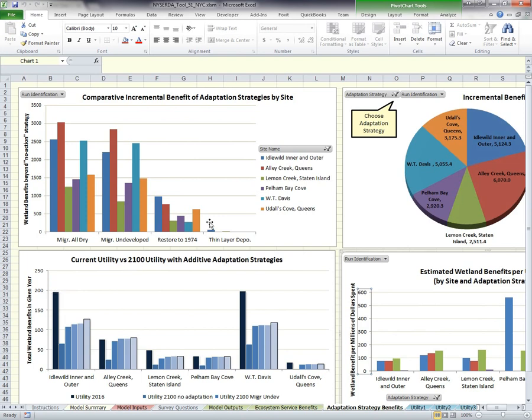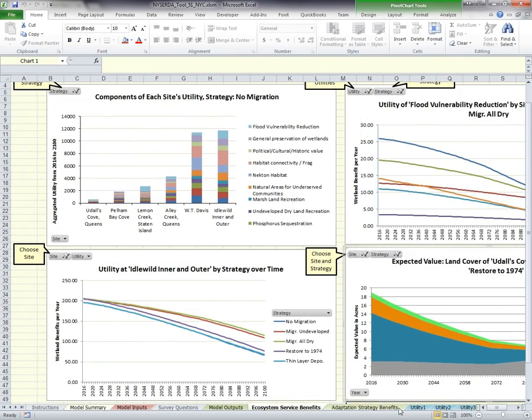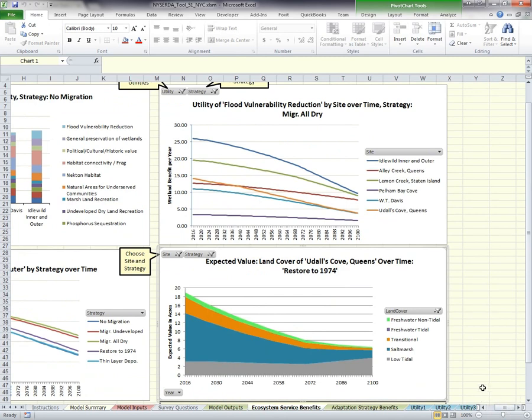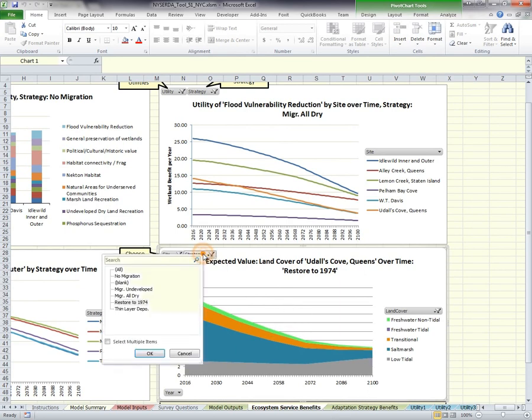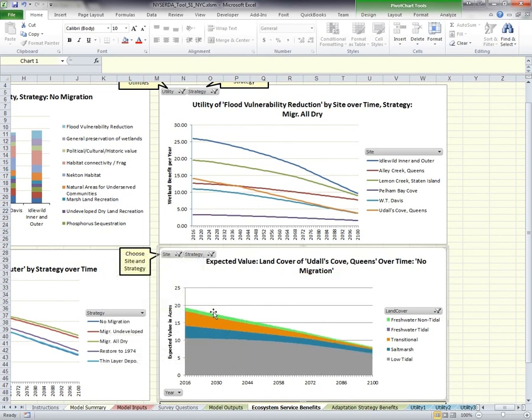The next question is, what happens to marsh fate at Udall's Cove? So if I go to do this, I have to go back to the Ecosystem Service Benefits tab, click there, and take a look at Udall's Cove. Now this is under a restoration scenario. We have a lot of loss. If we go to the strategy and select no migration, it should be even a little bit worse.